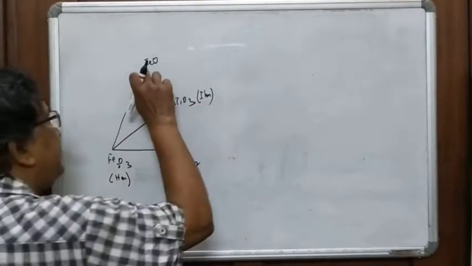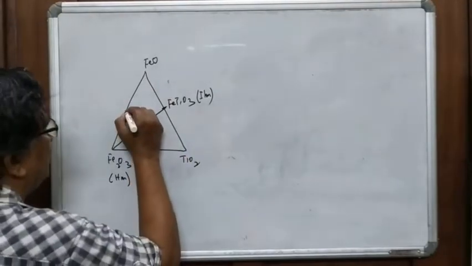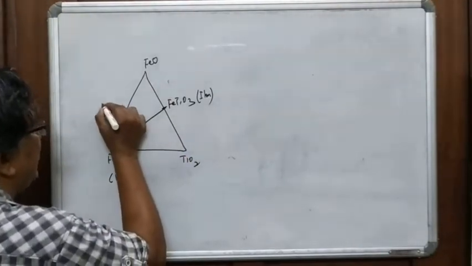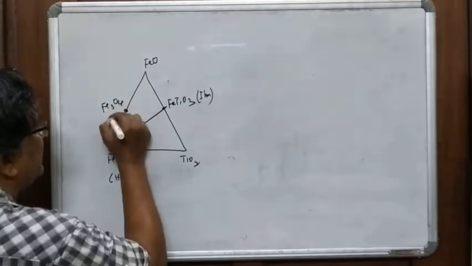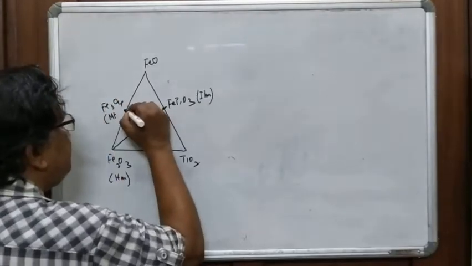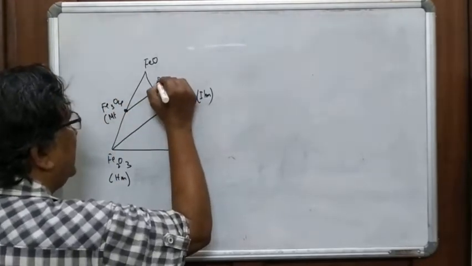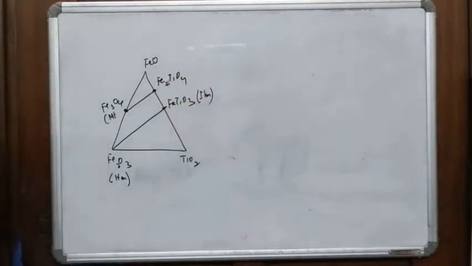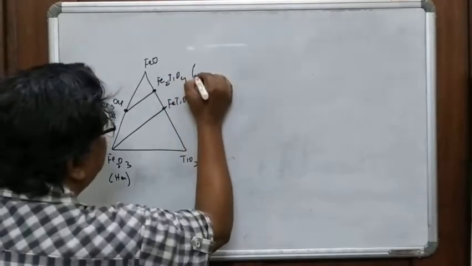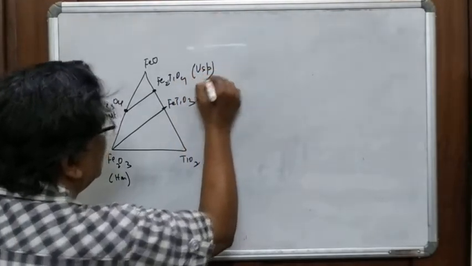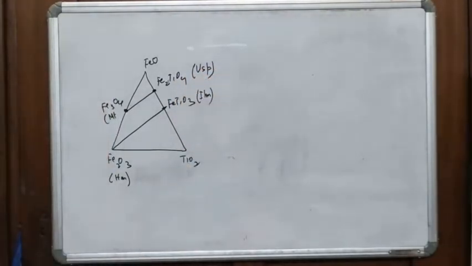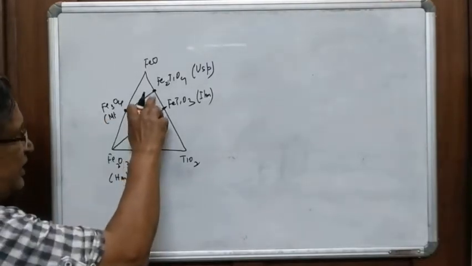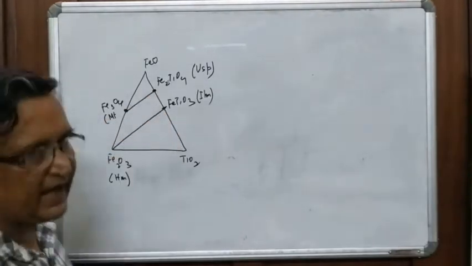And you have FeO, Fe2O3. If you take the middle part, this is Fe3O4 and this is magnetite. And then parallel to this here, you will get Fe2TiO4. This is ulvospinel. So magnetite, ulvospinel solid solution, hematite, ilmenite solid solution.